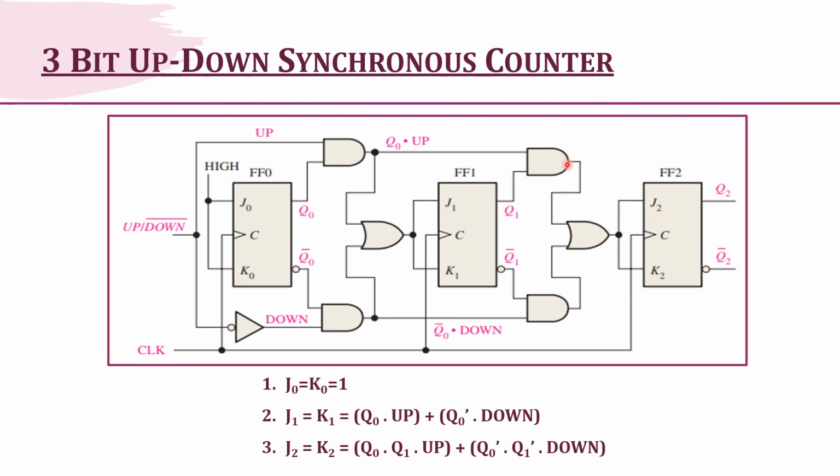So based on the up or down control line, the output from either of these AND gates will be connected to J2 and K2. If it is up mode, then Q0 into Q1 is connected to J2 and K2 terminals, and if it is down mode, then Q0 bar into Q1 bar will be connected to J2 and K2 terminals.